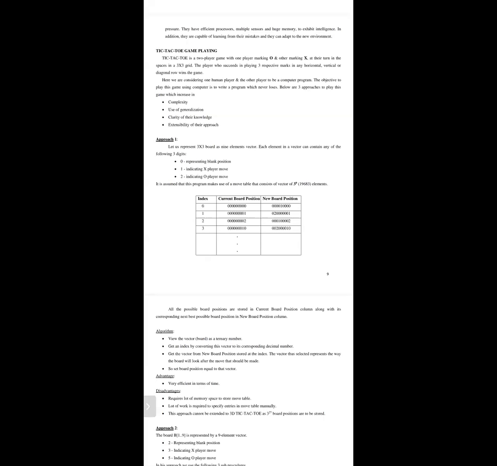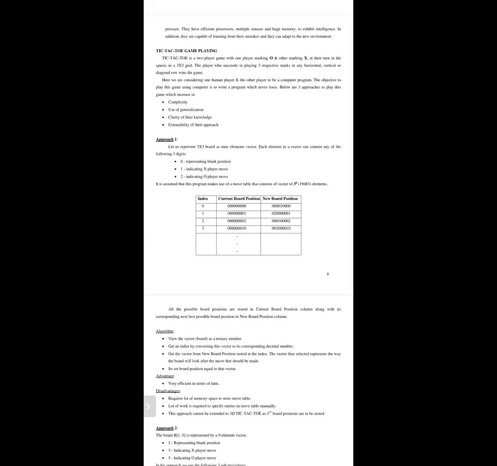Below are the three approaches to play this game, which increase the chances of winning the game. But there is a slight increase in complexity.